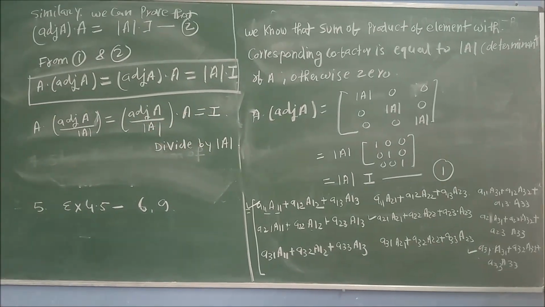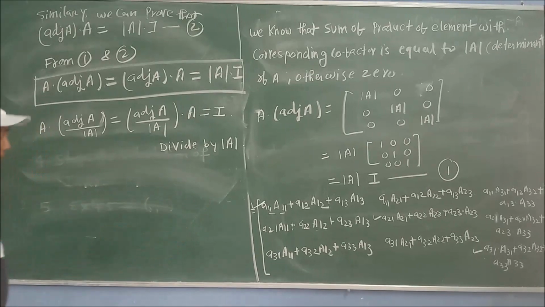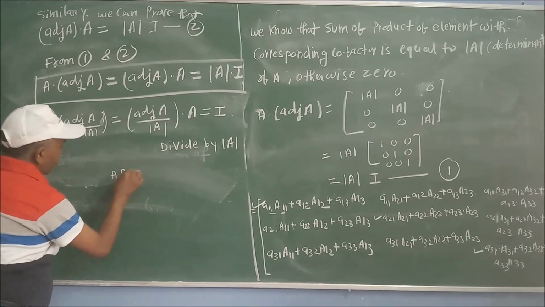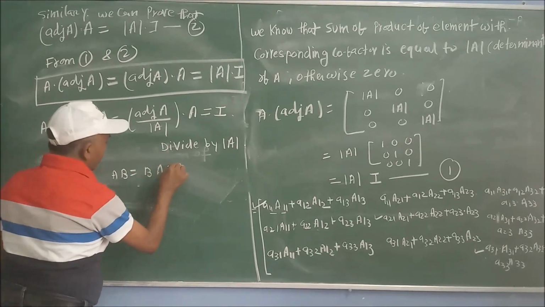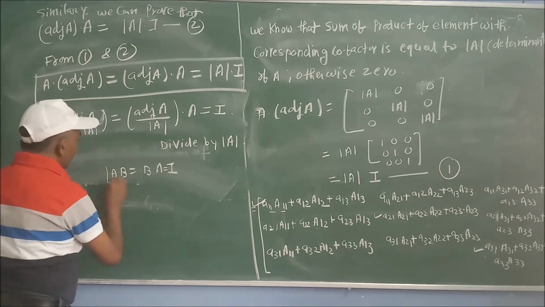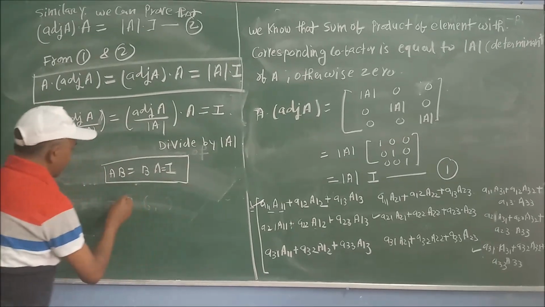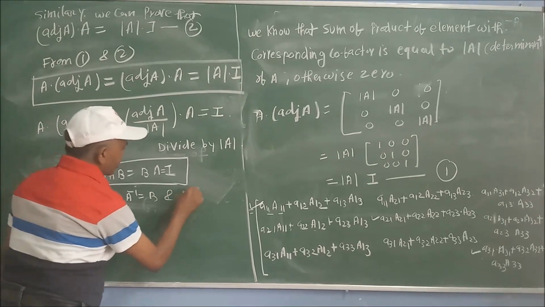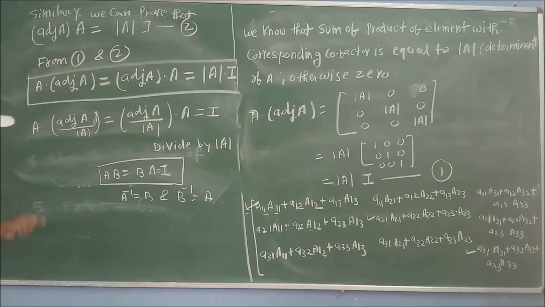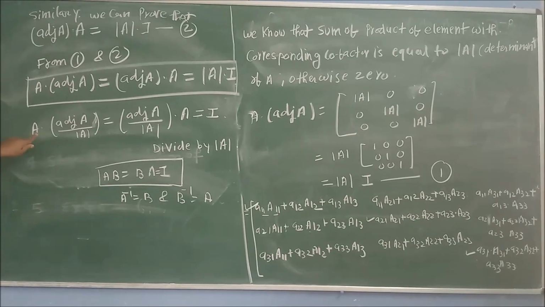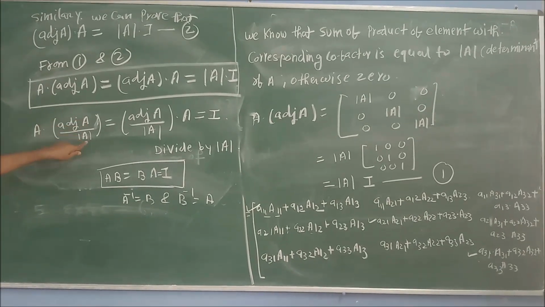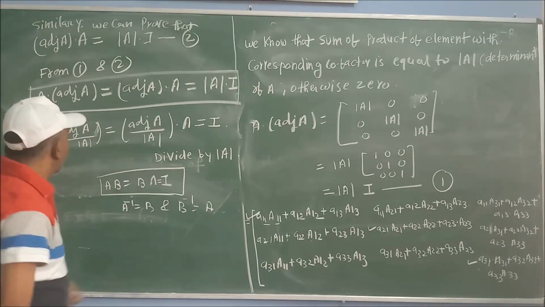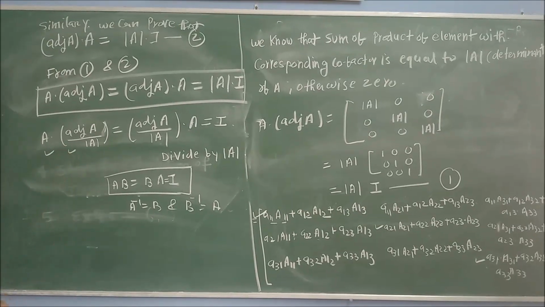If you go to our previous discussion, what is the inverse? Inverse means we use the property if AB is equal to BA is equal to I, then we can say that A is inverse of B. If we use this property, we can say A inverse is equal to B, and we can also say B inverse is equal to A. Here we can also say A into adjoint A by determinant A is equal to adjoint A by determinant A into A is equal to I. That means these two are inverse of each other.